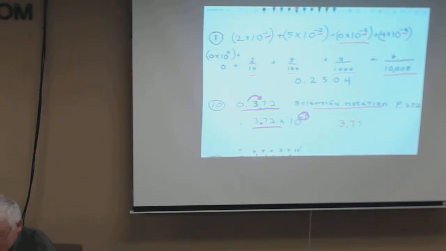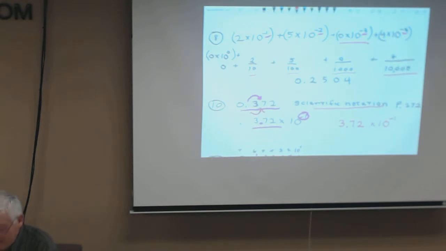You follow me? Because that's scientific notation. So what did I do? Say, well, that's not the same. You move the decimal point. Right, I moved the decimal point one place to the right. So that means I have to take this times 10 to the negative 1. Okay?